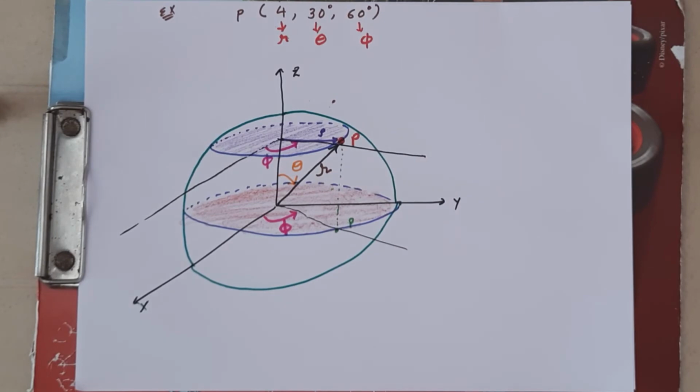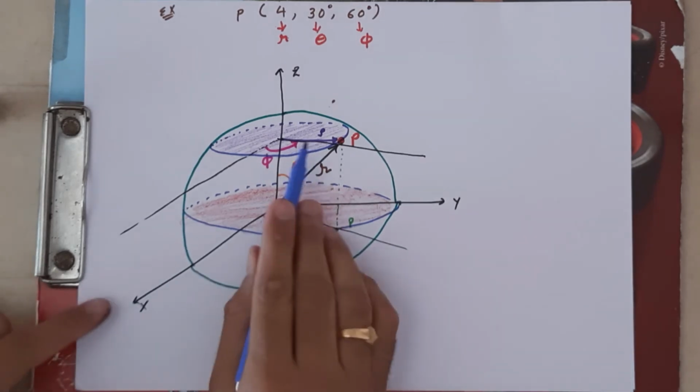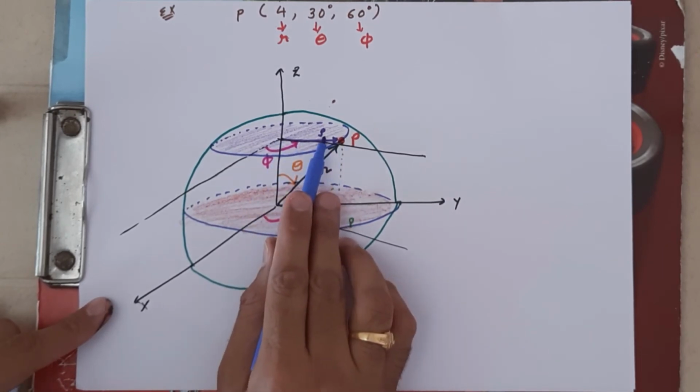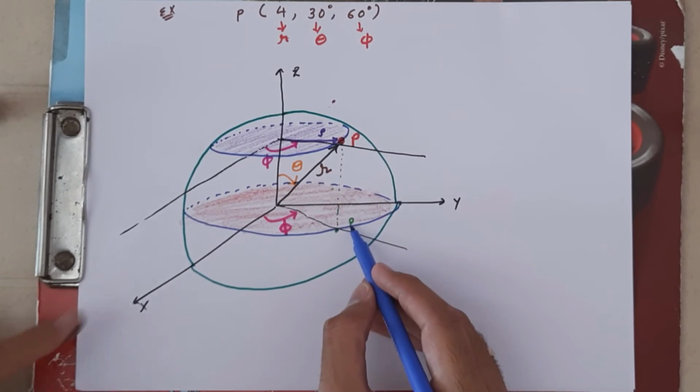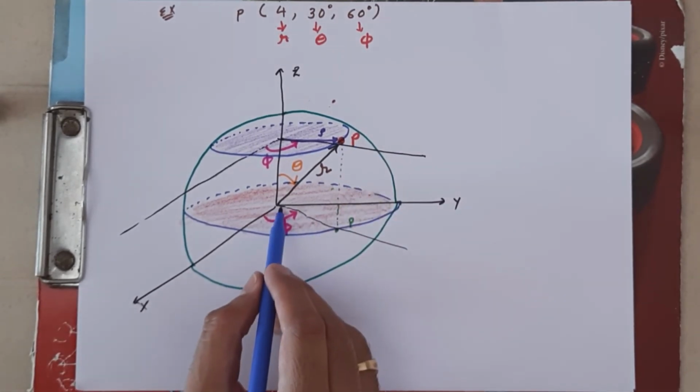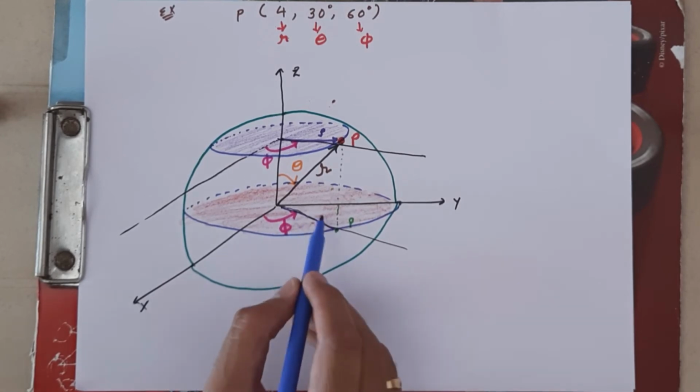Now see here, this distance is r. This distance from the center to the point P is rho. Now this P is also a shadow of my point P, so this one is also rho.